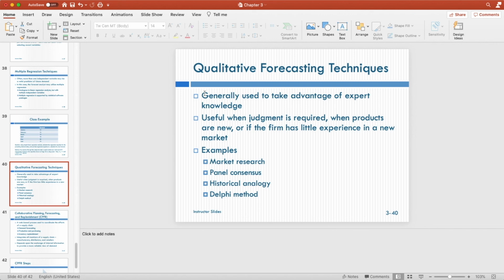Of course there are some examples within the qualitative forecasting techniques, like market research. Right, you need to do market research and see whether customers are satisfied by the product, and what the improvements are that you need to further investigate. Those are things, right? The panel consensus, the historical analogy, the Delphi method.